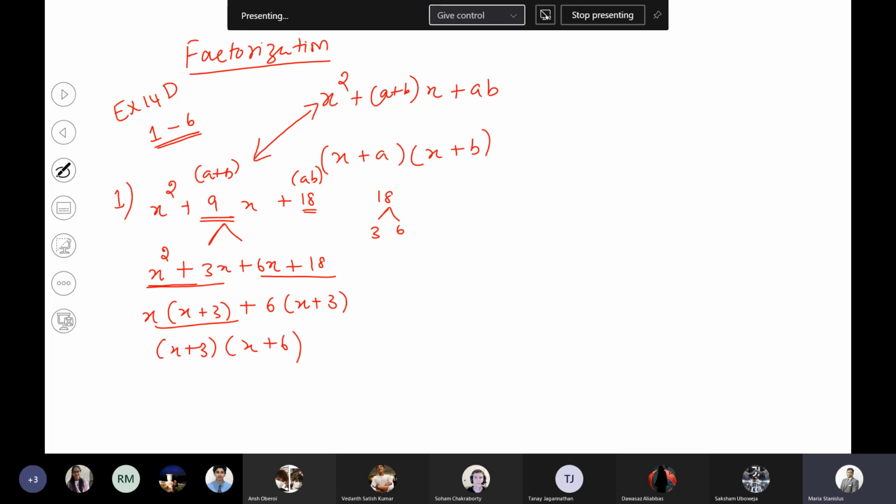Please take down this question. You may lose marks for that. So technically it's the factor method, right? Yeah. Okay.